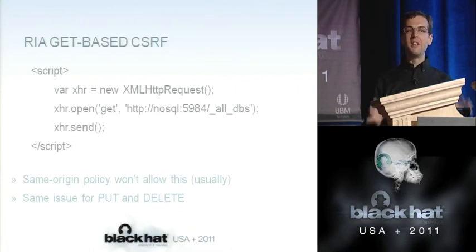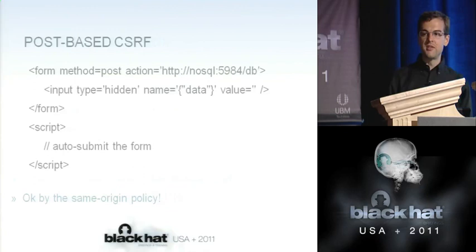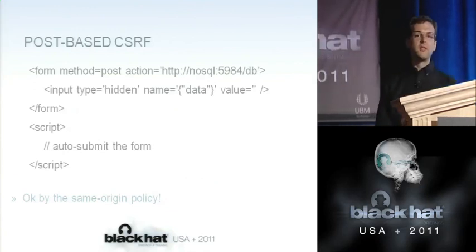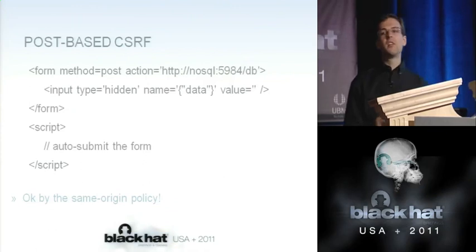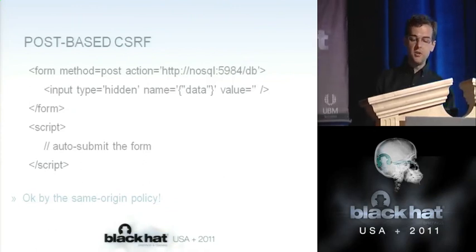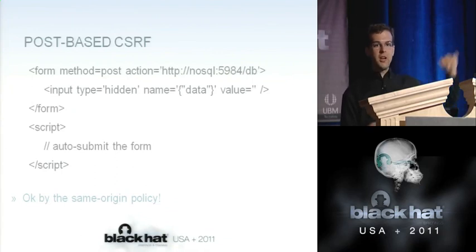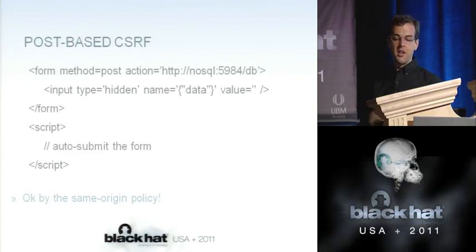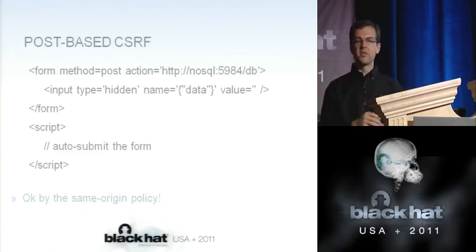So are we done yet? Not quite. There's one more, and this one is going to do it for us: POST-based CSRF, which a lot of people didn't think was possible for a long time. But now we know it is. What can you do with it? Well, here's another page I just created. I'm going to have a form on this page where the method is POST, and the action is the resource I want to attack.